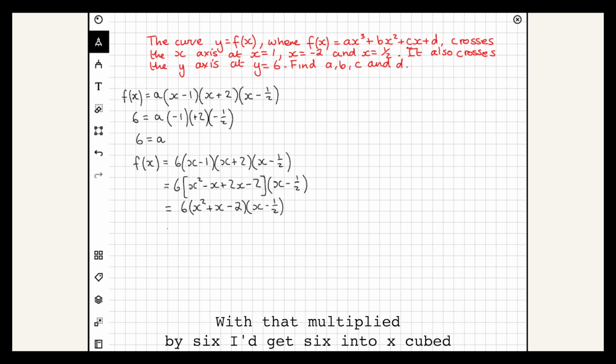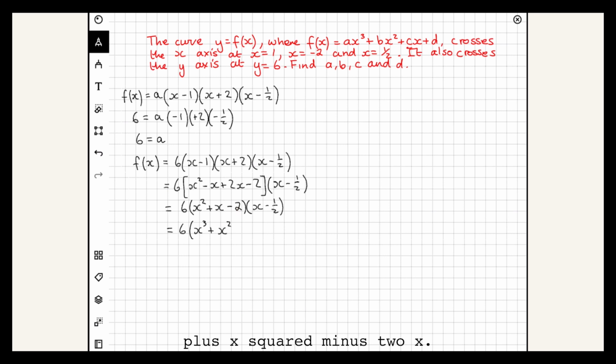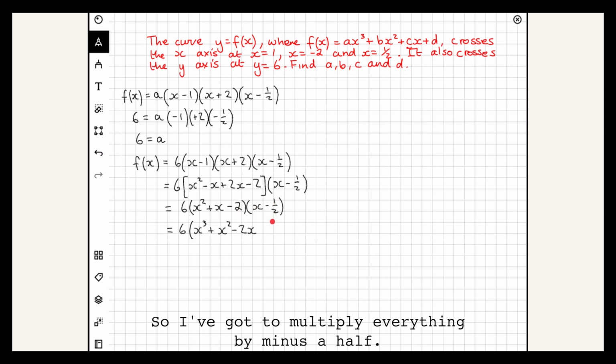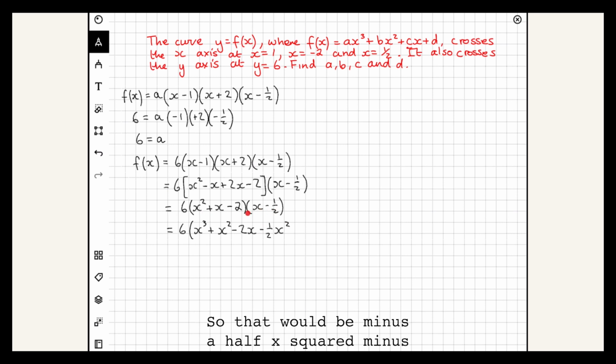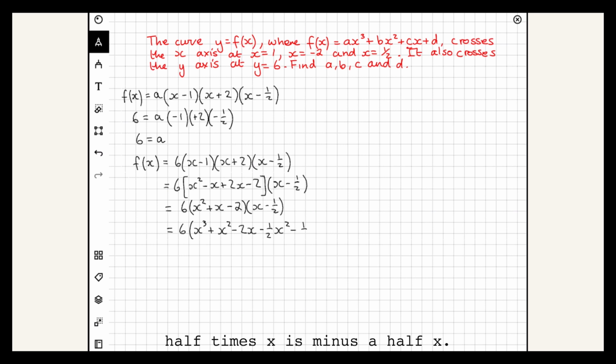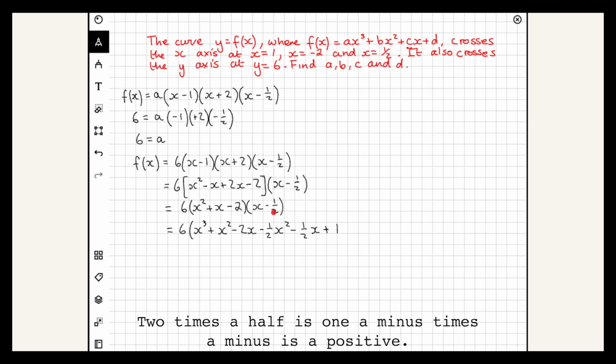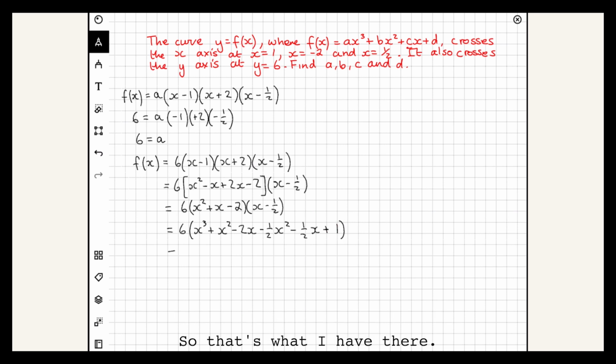All of that multiplied by 6, I'd get 6 into x cubed plus x squared minus 2x. I've got to multiply everything by minus a half, so that would be minus a half x squared. Minus a half times x is minus a half x, and these two terms multiplied together would give me a positive 1. 2 times a half is 1, a minus times a minus is a positive. So that's what I have there.